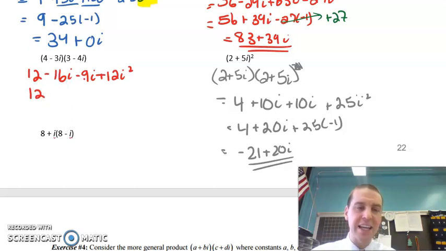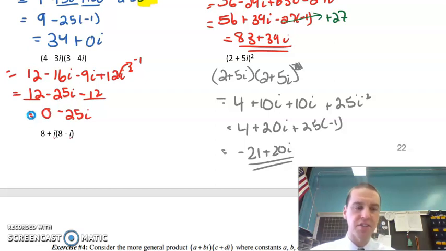Negative 16i and negative 9i gives you negative 25i. And this is going to actually give us minus 12. Notice that the i squared becomes negative 1. Well, these two terms cancel out. We're left with just negative 25i. But again, writing it as that would be wrong. You have to write it in a plus bi form, so therefore you need to put this 0 out in front. So we're going to leave it at that.